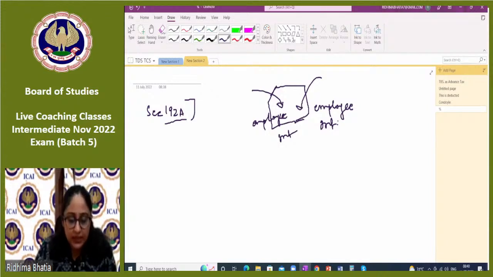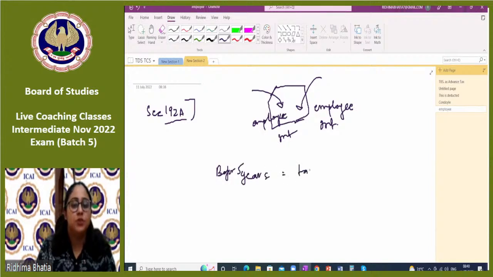Yes, there are certain exceptions. If withdrawn before 5 years, it is taxable. But the exceptions are that if there's a death of the employee, or the business gets shut, or the employee gets disabled to serve the job, then in those cases, even if you withdraw before 5 years, nothing would be taxable.